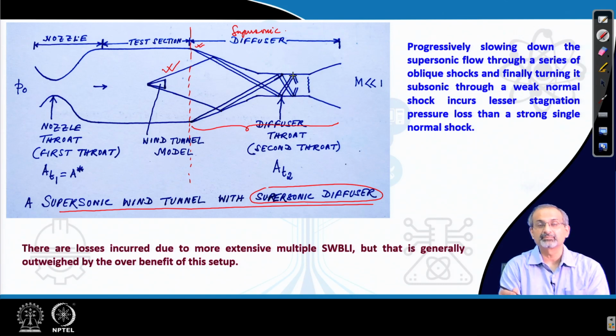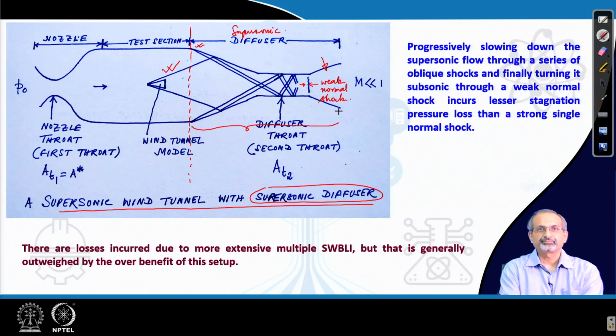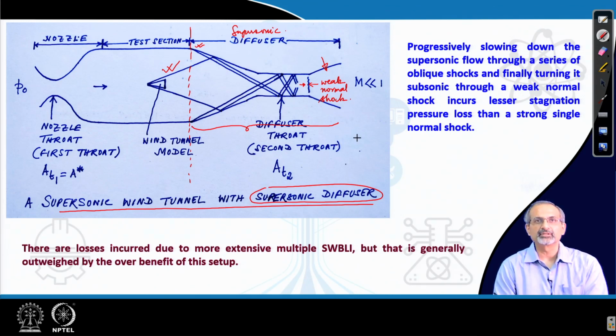There are stagnation pressure losses, we accept that, but there is a rise in static pressure and a reduction in Mach number. Once the flow has slowed down enough, what happens at the end of this constant area section is a weak normal shock, and then finally the flow turns subsonic in the diffuser section here, which is actually a subsonic diffuser portion. So, this entire structure is called a supersonic diffuser.